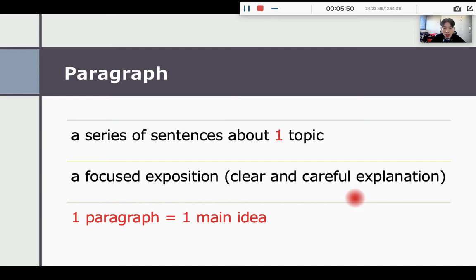So after listening to my lecture later, you will know why the adjective careful is used here. And please also remember, a paragraph can only be about one main idea. If you want to talk about another idea, you need to start a new paragraph. Okay? So now you know the definition of a paragraph.